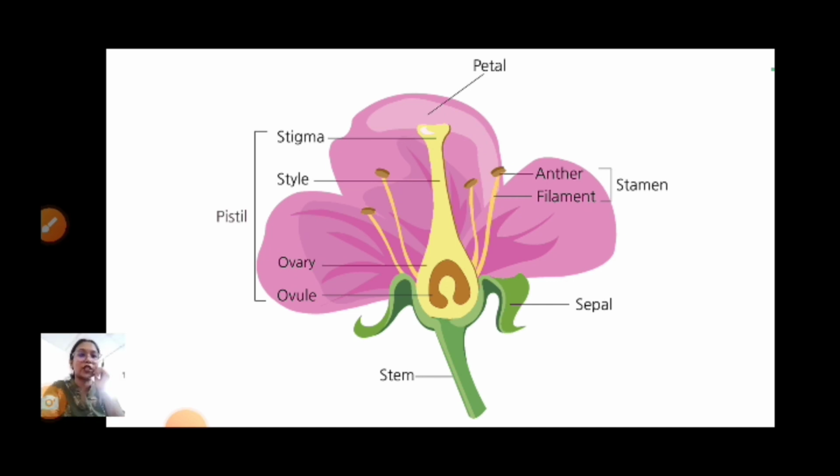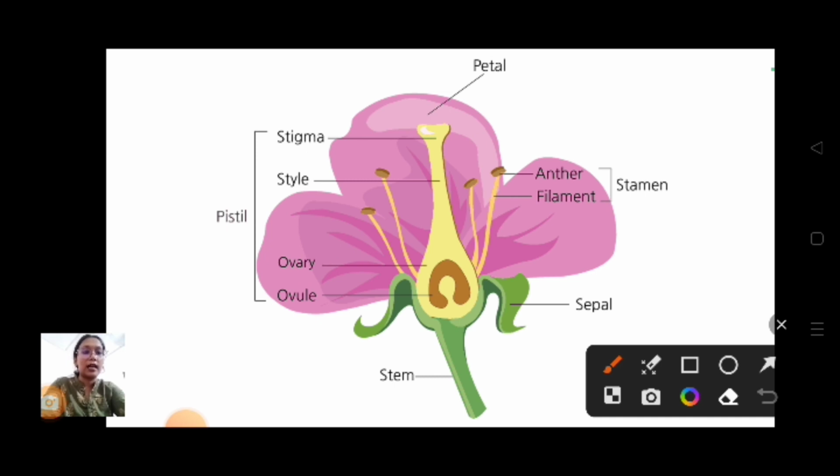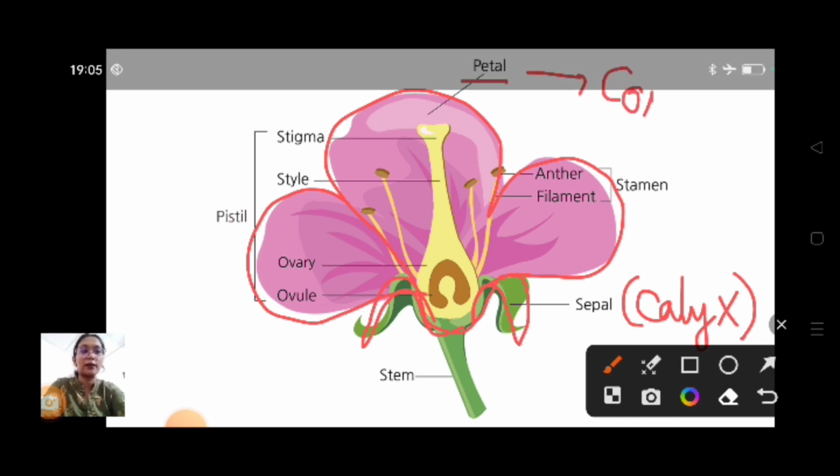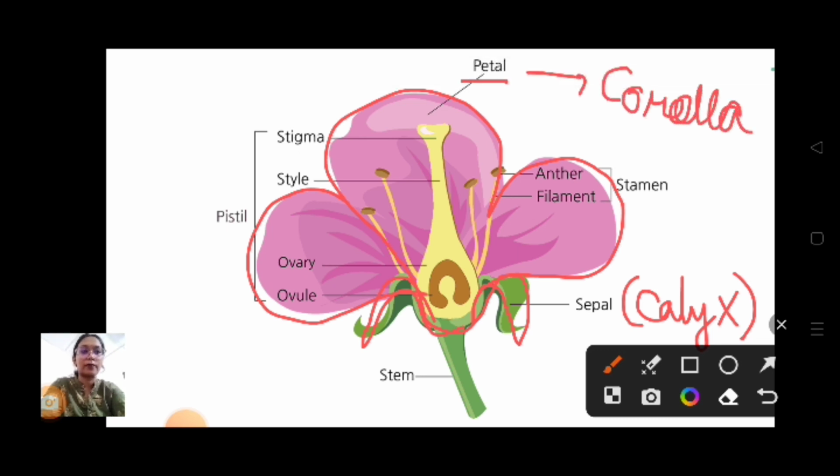Okay, see this picture. So here, can you see? These are the sepals, and sepals are also called calyx, C-A-L-Y-X, calyx. And we have petals. These are the petals, which we can also call corolla.